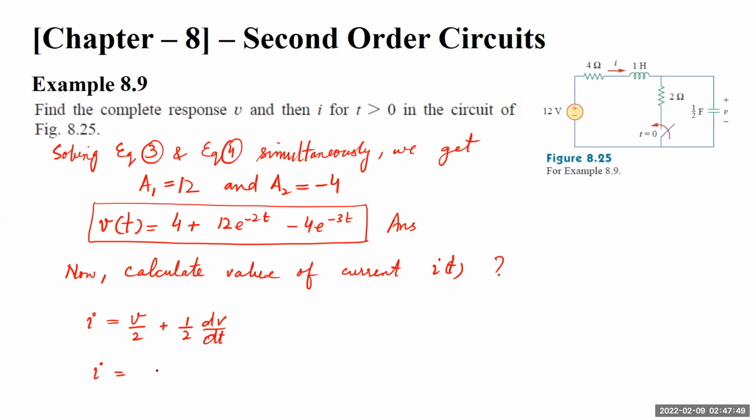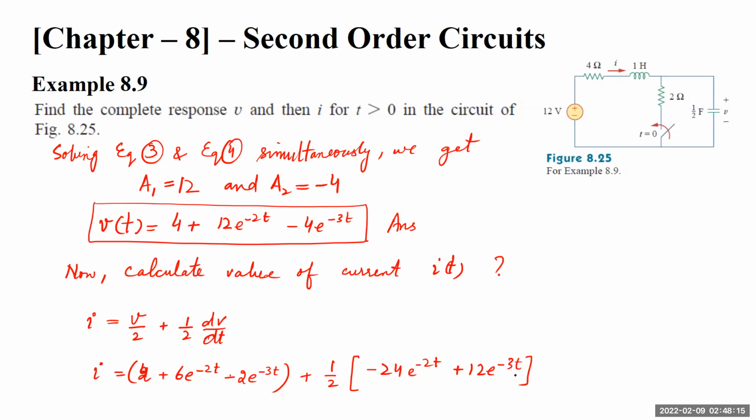So I will be equal to 4 divided by 2, 2, plus 6 e raised to power minus 2t minus 2 e raised to power minus 3t, plus 1 by 2. Differential of this will be minus 24 e raised to power minus 2t plus 12 e raised to power minus 3t.